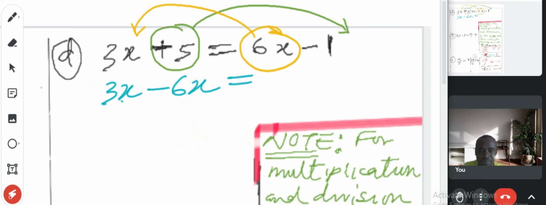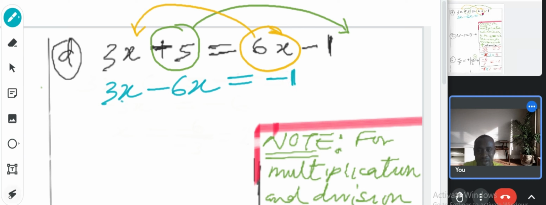Then you do minus 1, because what you have here is minus 1, so you still write it as minus 1. And then what's crossing over? The plus 5 crosses over and becomes minus 5. So minus 5. Okay, so what would that give us?